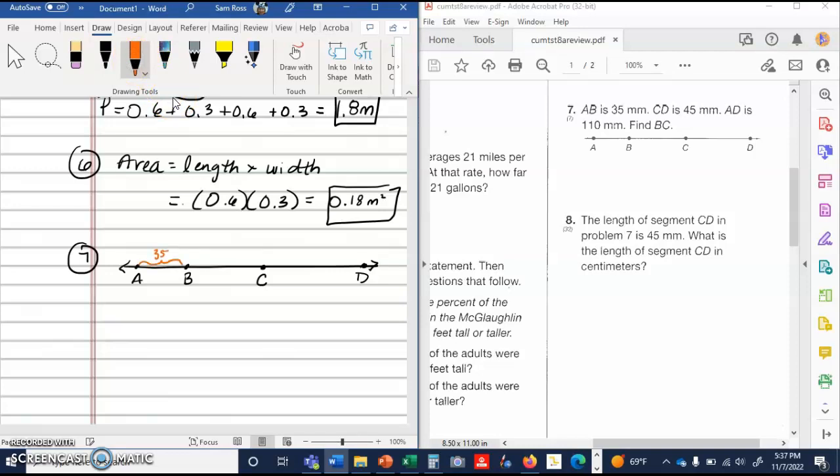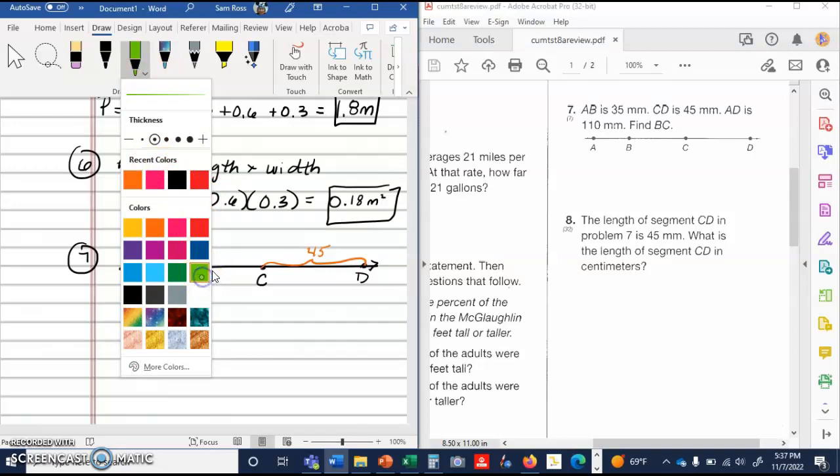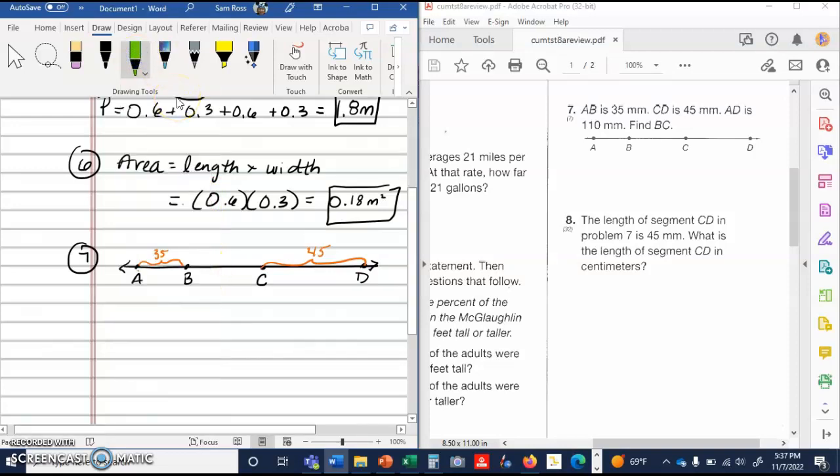CD is 45. And then AD, let me get a different color here, AD is 110.